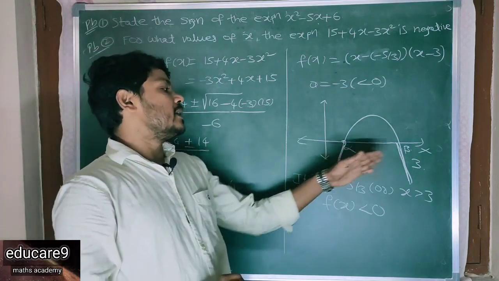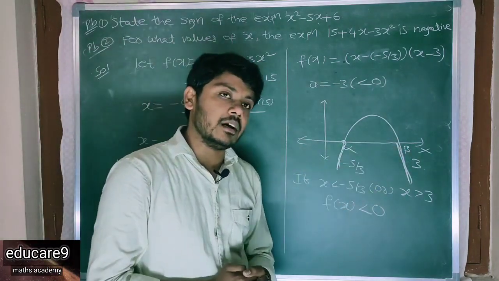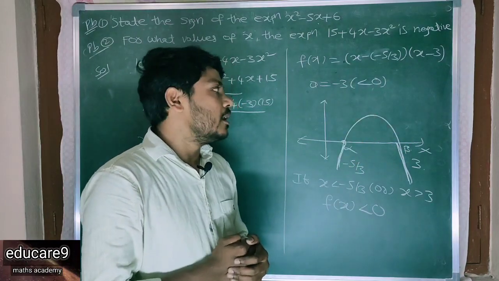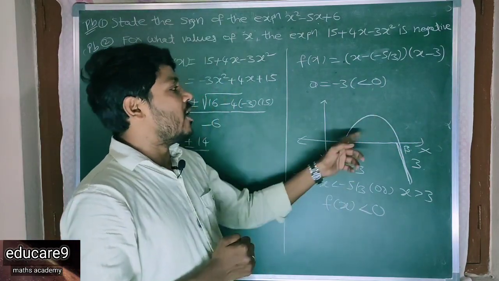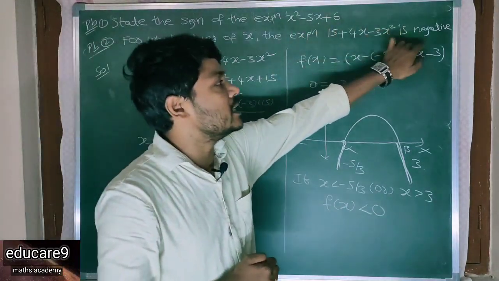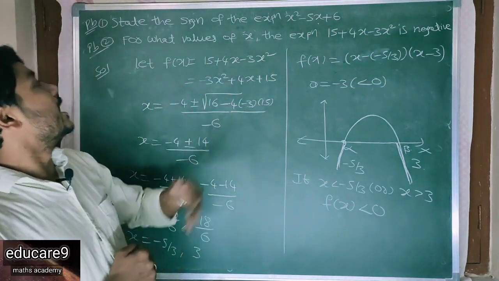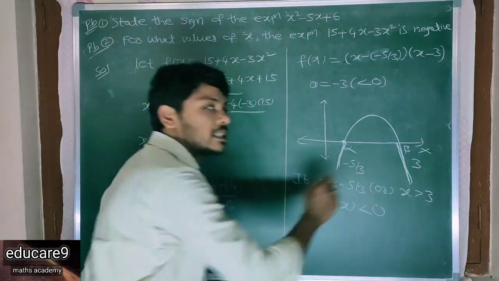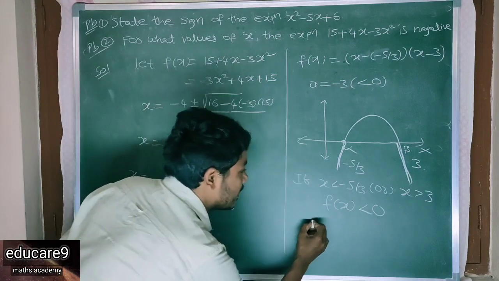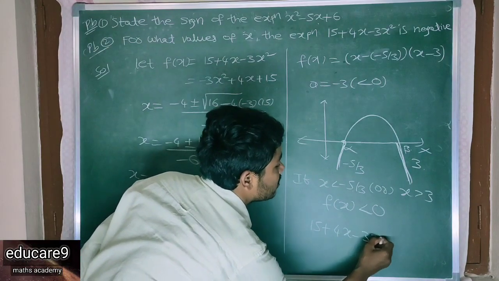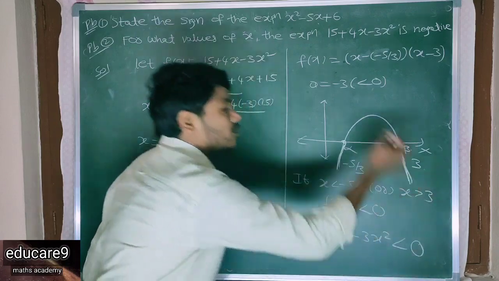If x lies in the interval alpha and beta, the graph lies above the x-axis, then in that case f of x is positive. But here you want to find where the expression is negative. Where is it negative? If x is less than minus 5 by 3 or x is greater than 3, then the given expression, that is 15 plus 4x minus 3x square, is negative.